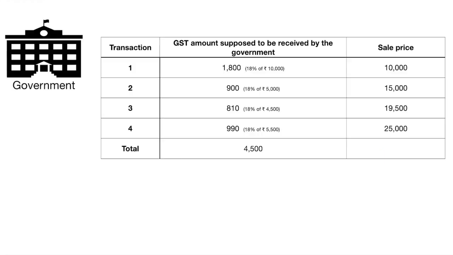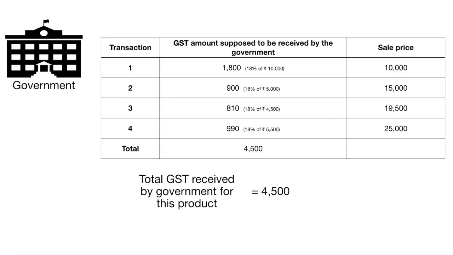Now let's see how much GST the government has received in total using the value-added method of taxation. Take a look at the table. 1,800 from transaction 1, 900 from transaction 2, 810 from transaction 3, 990 from transaction 4. The total comes to 4,500, the total GST received by the government.